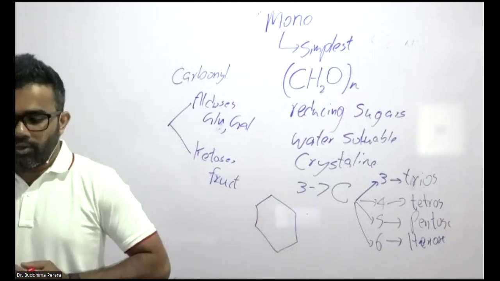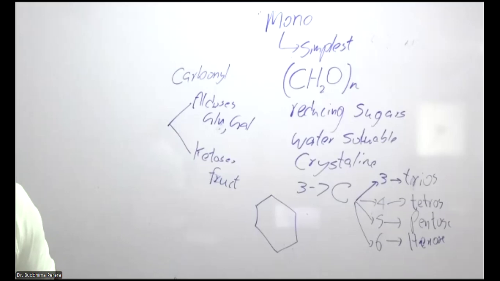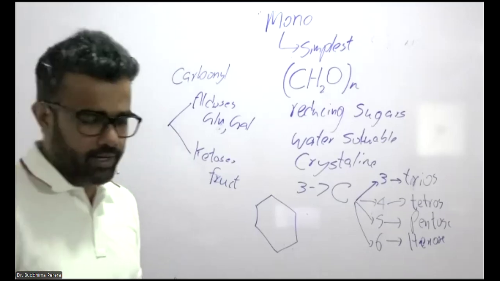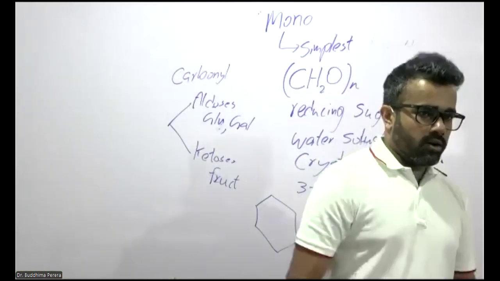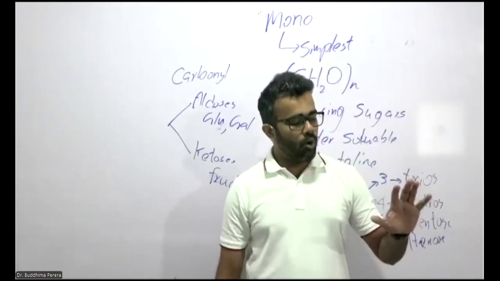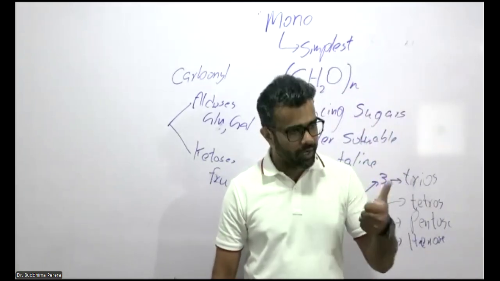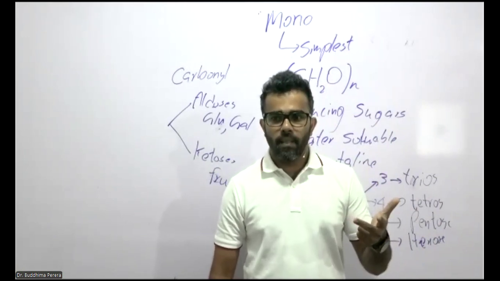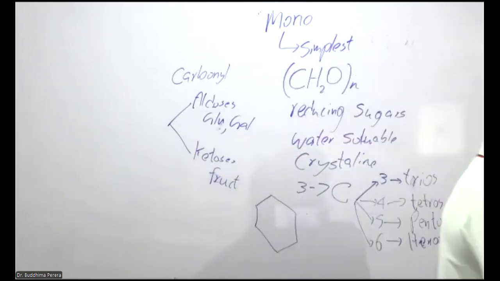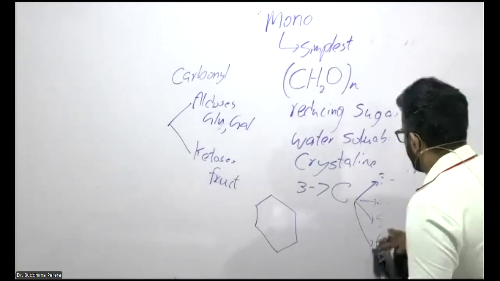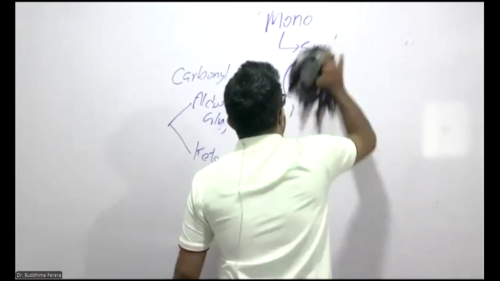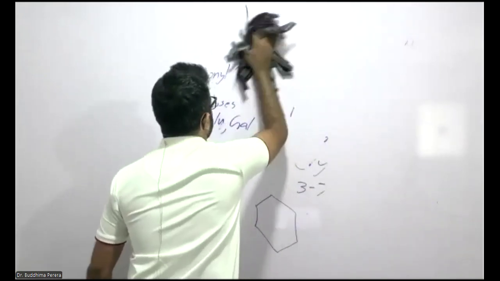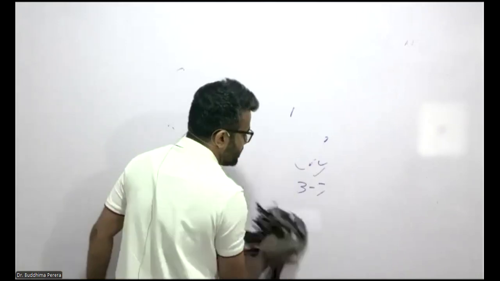Right. Now today, let's start to discuss disaccharides. Right. On the first day, I told that mono means 1. Di means 2. Poly means many, right? That's why we call it carbon dioxide. What is the meaning of carbon dioxide? Why do we call it carbon dioxide?